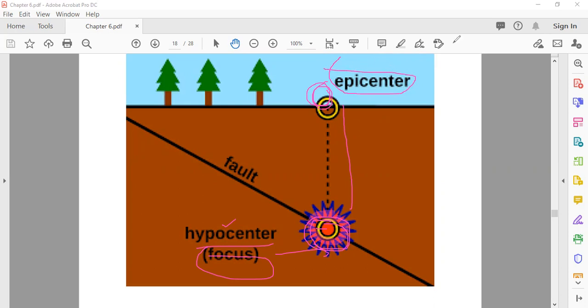Once again, the point where the earthquake has started, for example, this point, is known as the focus or hypocenter. Got it? And just above that point, outside the ground, that point is known as the epicenter. So these are the two main things you should know.